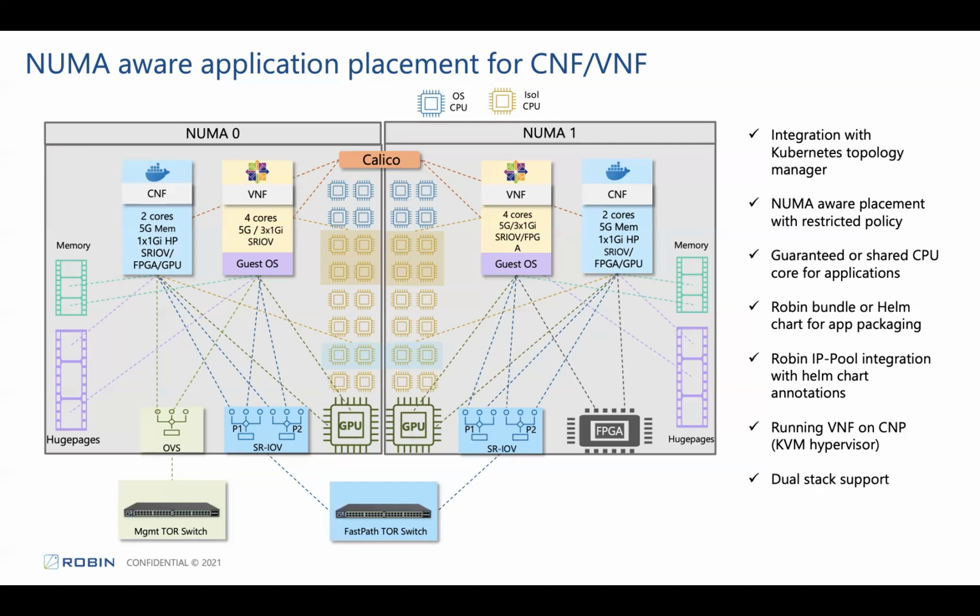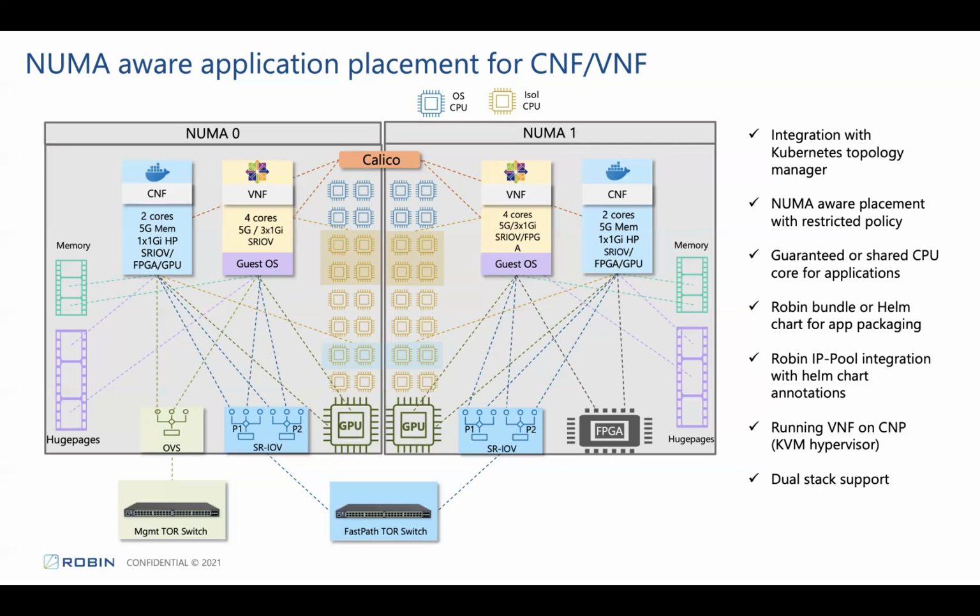Instead of statically finding out and placing the workload manually there, the Robin Planner would be able to take care of that. And we have tight integration with Kubernetes Topology Manager to achieve NUMA-aware placement for guaranteed or shared CPU pods.